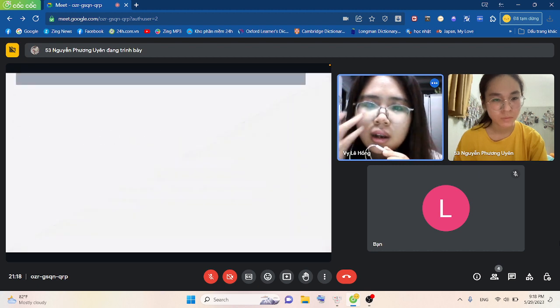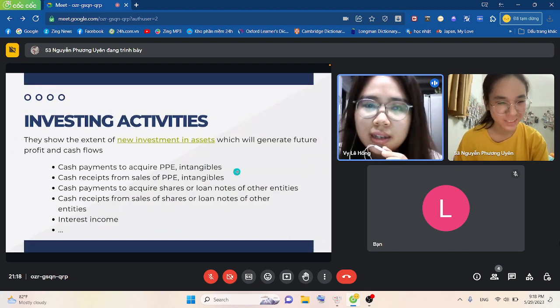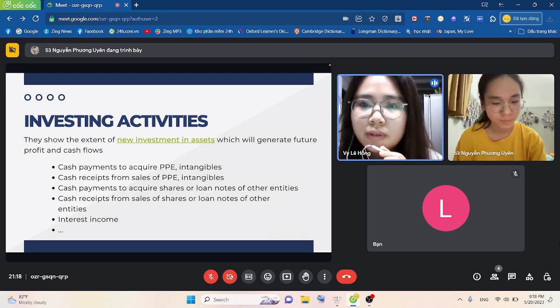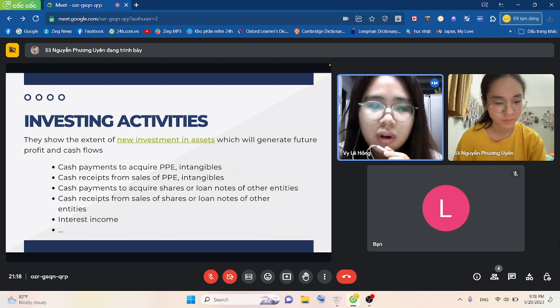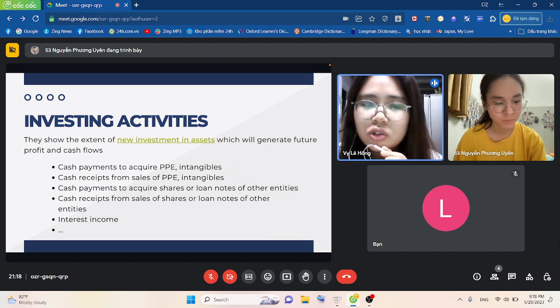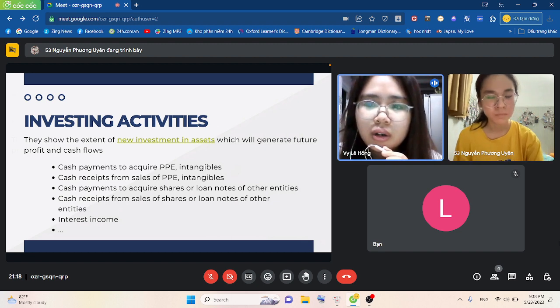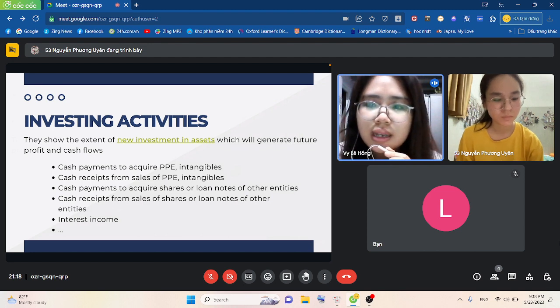Second, investing activity. They show the extent of the new investment in assets, which will generate future profits and cash flow. Example, cash payment to acquire PPE, intangibles, shares, or loans of other entities.